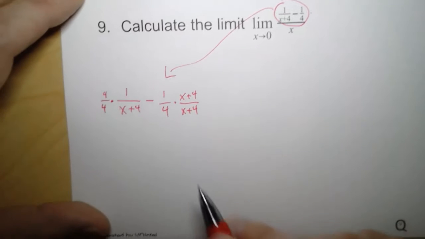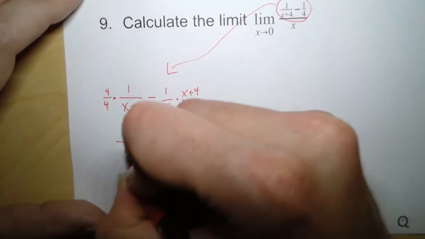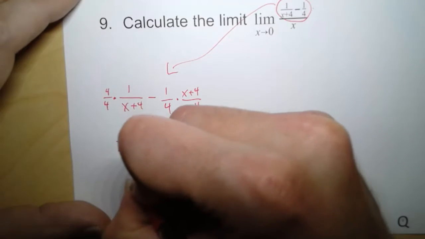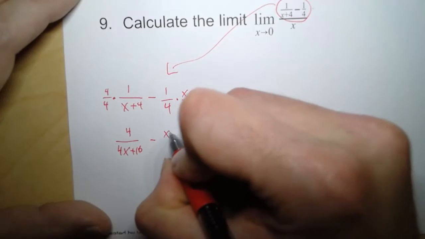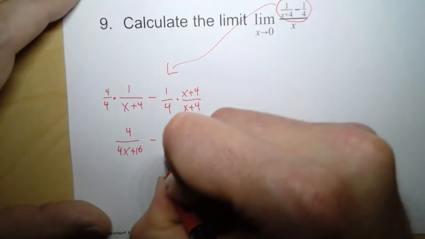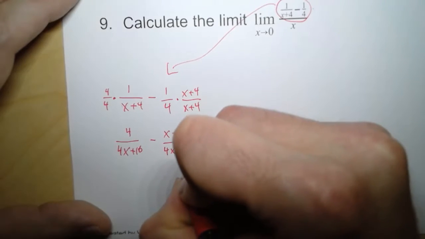So doing that, we have 4 over 4x plus 16. The second one, we have minus x plus 4 over 4x plus 16.